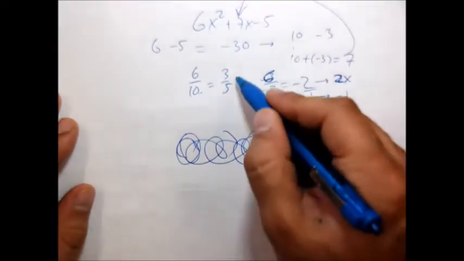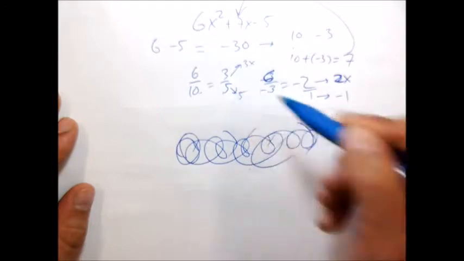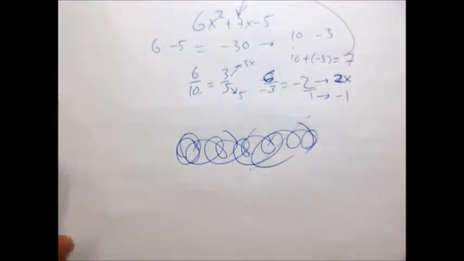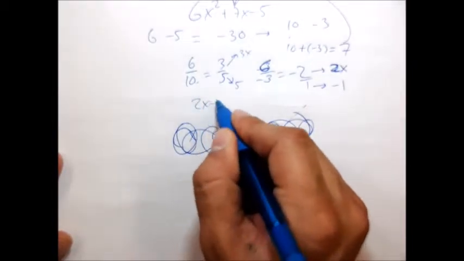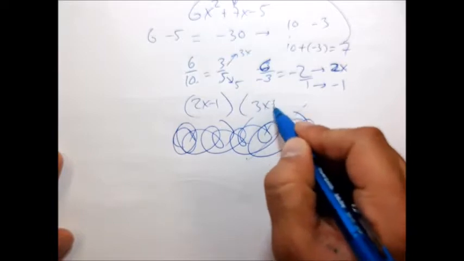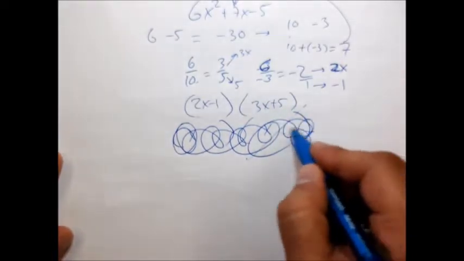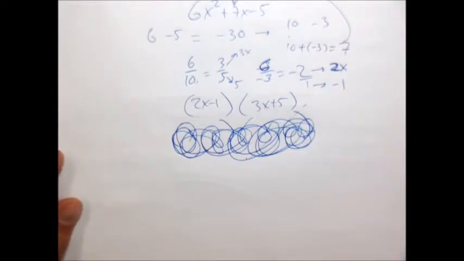And this is the 3x and this is the 5. That's very interesting. I've never seen that before. And so then you get your final answer of 2x minus 1 from those two, and 3x plus 5 from those two. So you are really using those formulas on the previous page. You're just doing it in a very interesting way.